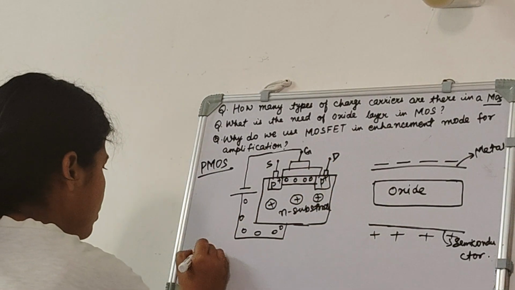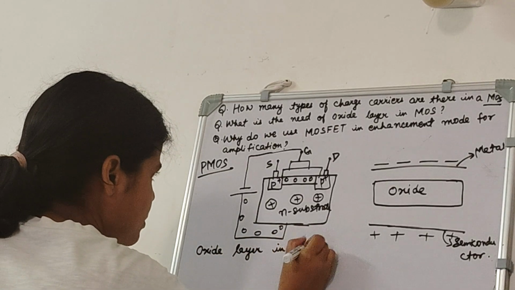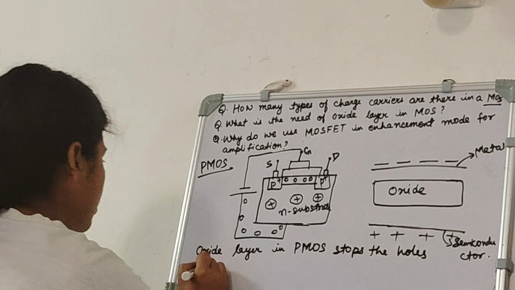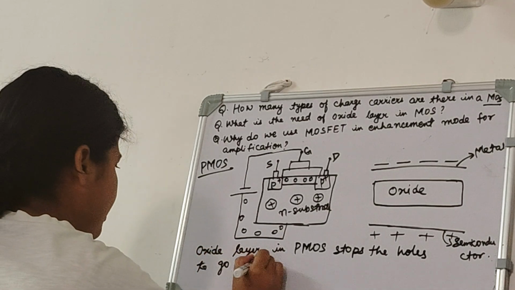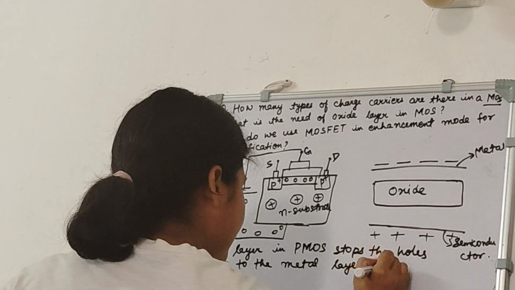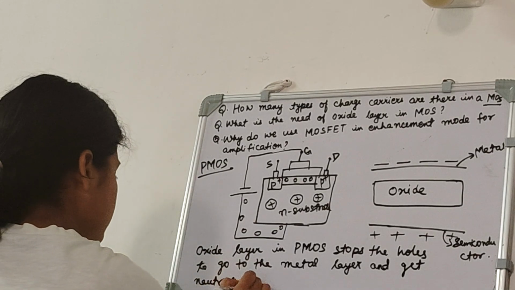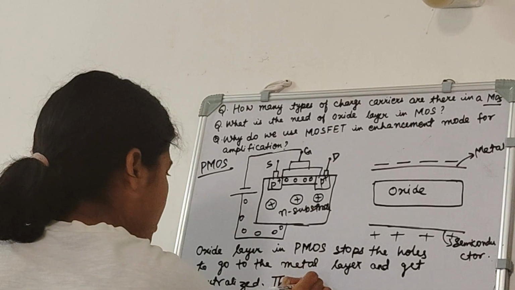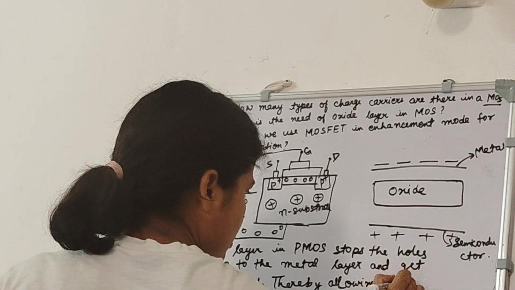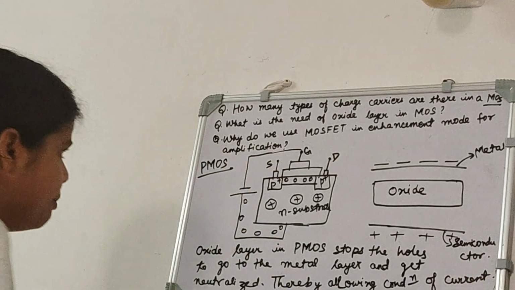So we will write that oxide layer in PMOS stops the holes from going to the metal layer and getting neutralized, thereby allowing the conduction of current. So this is for PMOS.